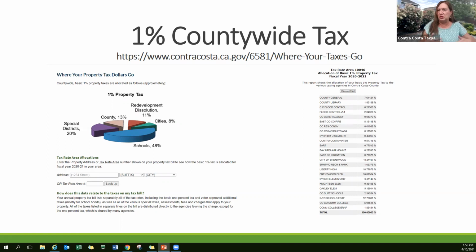They don't go to the water companies. It's all these different places. And it's not a set formula. It's different amounts for different places. And I think this is where people get a little bit confused about why am I paying so many taxes? But this really explains where the money is going. And I appreciate having this available online.